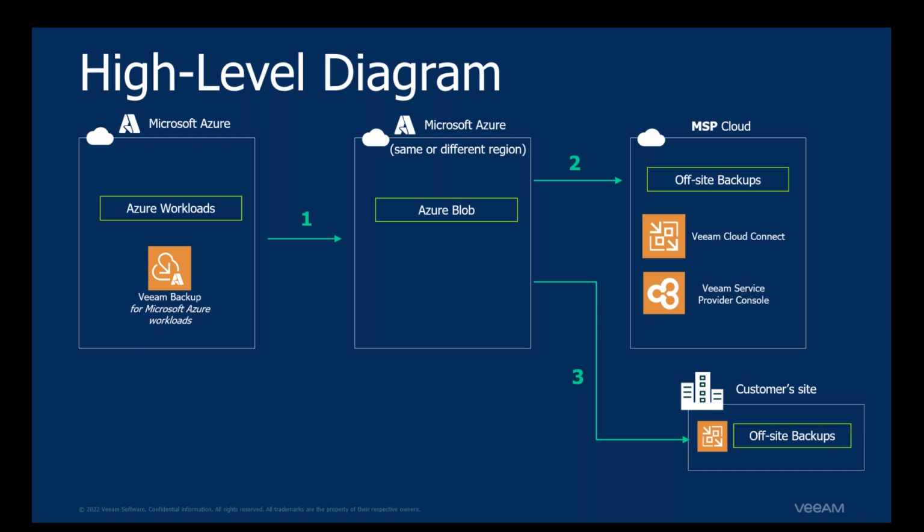So you can make a copy of these storages to your own MSP cloud, or number 3 right there, it could be copied to an offsite backup location on the customer site. That's all something you can decide on. You can also do both. It's all about having multiple copies, multiple versions of each workload.